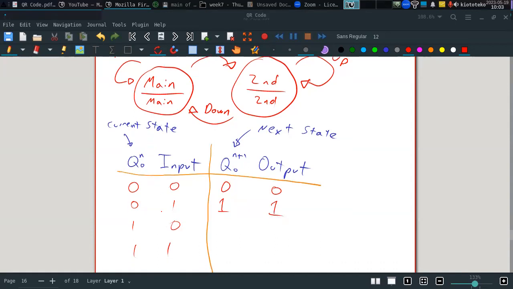If we are in the second floor and get the down signal, that means we go down, and we get the main output. And if we are in the second floor and we get up, we will still be in the upper floor, and the output will still be that we're in the second floor.